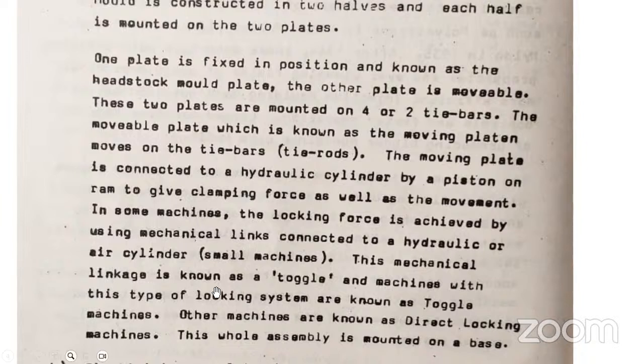This mechanical linkage is known as a toggle. That we are going to see later: single toggle, double toggle, their advantages. Other machines are known as direct locking machines. This whole assembly is mounted on a base, correct?